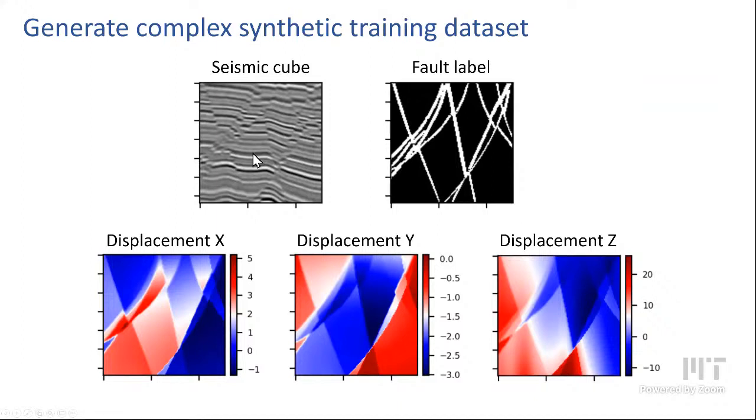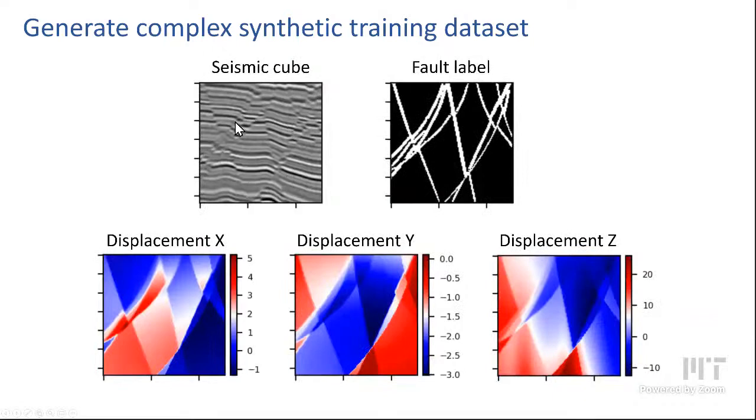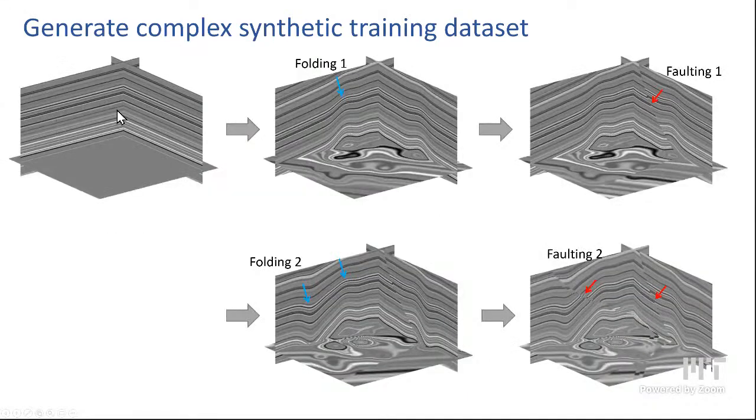The idea here is that if we apply the displacement field to the original flat layer model, you're going to get the synthetic training data set. And in a similar manner, if we unwarp this generated synthetic data with the displacement field, we are going to get the flat layers.